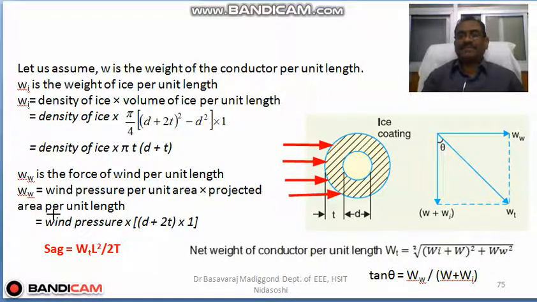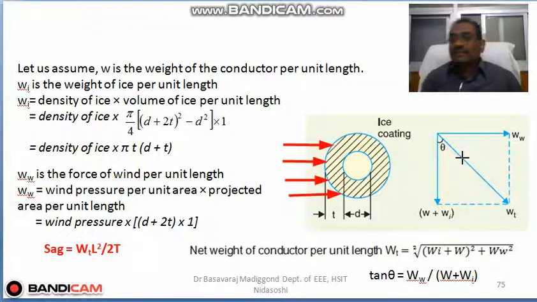Wind pressure per unit area into projected area. This is the projected area. So that is given by wind pressure into (d plus 2t), the diameter of the whole conductor with ice coating, that is (d plus 2t) into 1.